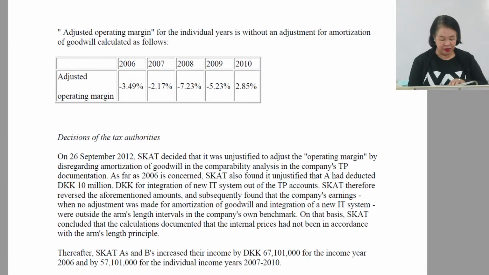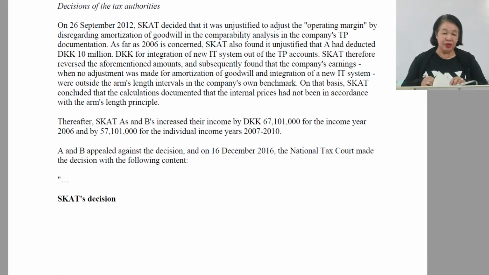No? So, siya na mismo ang nagsabi, yung Danish Tax Authority, that the documented internal prices had not been in accordance with the arm's length principle. Okay.